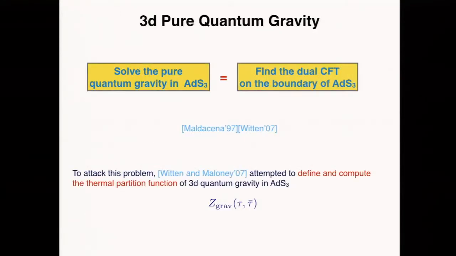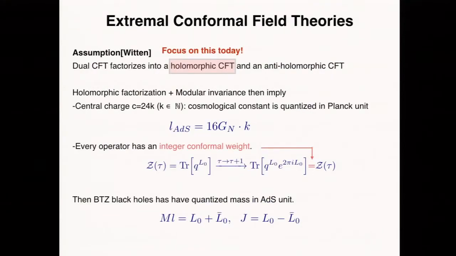Now, solving pure 3D quantum gravity in AdS space is equivalent to finding the dual CFT on the boundary of AdS3. To attack this problem, Maloney and Witten tried to define the thermal partition function of 3D gravity in AdS3 space. The assumption Witten introduced is that the dual CFT factorizes into a holomorphic CFT and an anti-holomorphic CFT. Today we'll just focus on the holomorphic part of the CFT.